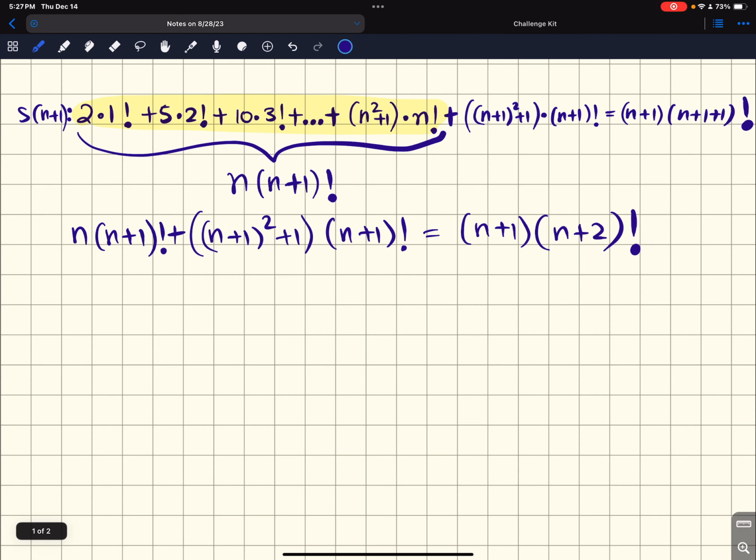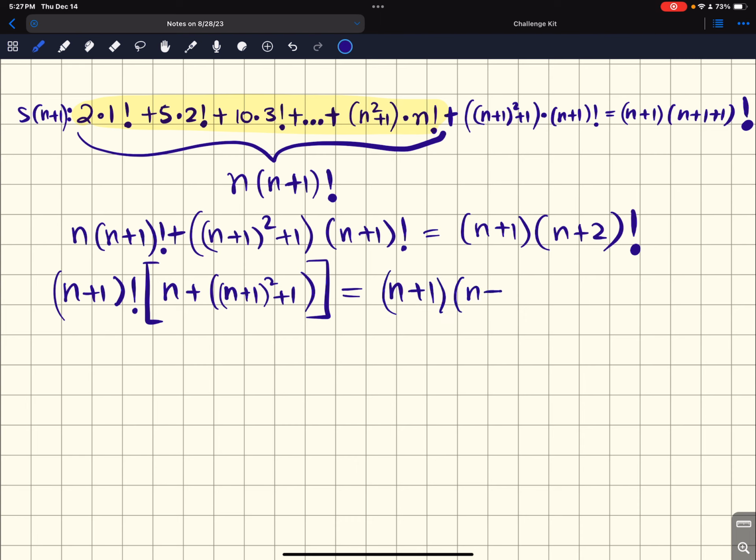So factor that out, and you end up getting n plus 1 factorial, I'm going to use big brackets, n plus 1 squared plus 1, equals n plus 1 times n plus 1, actually, yeah, it should be n plus 2, right? n plus 2 times n plus 1 factorial.